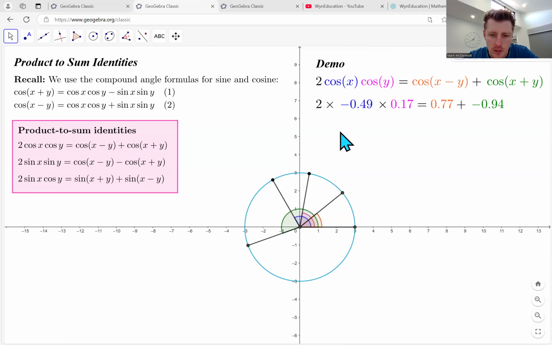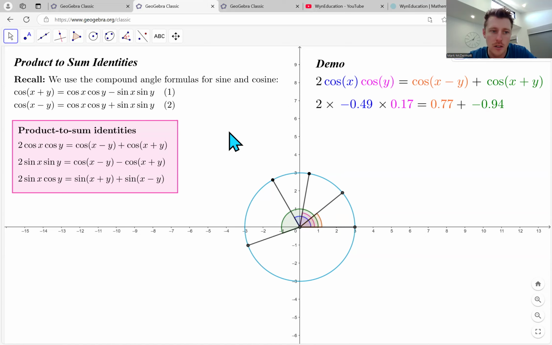My diagram was just a little messed up there, but I fixed it up. So cos X, so X is the blue angle. The pink angle is Y. X minus Y is the orange angle. If we take blue, take away pink, we get this orange angle here. And then X plus Y is this green angle all the way around the side here.